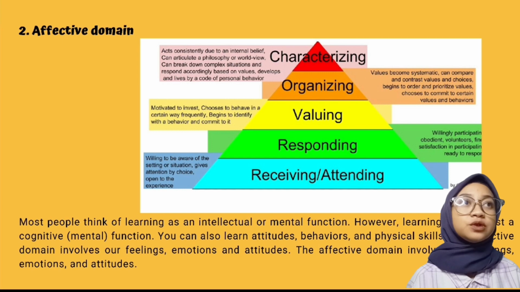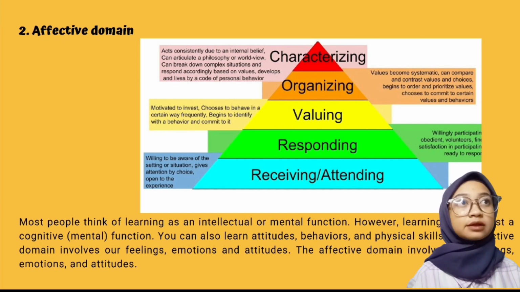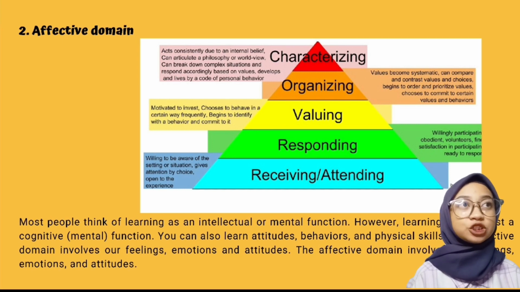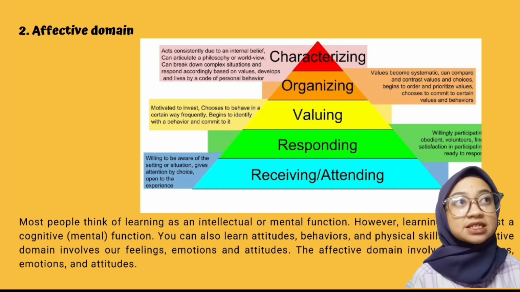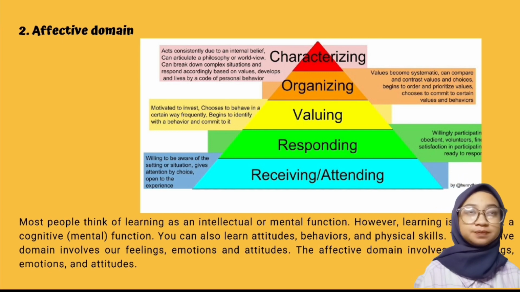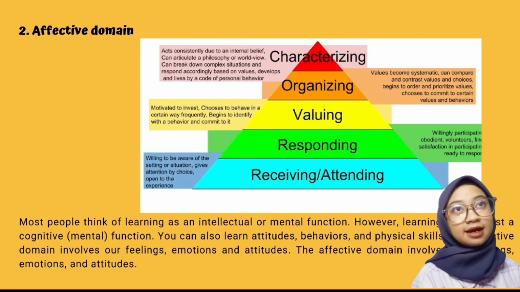Organizing means values become systematic, can compare and contrast values and choices. Begins to alter and prioritize values, chooses to commit to certain values and behaviors. And the upper level is characterizing.